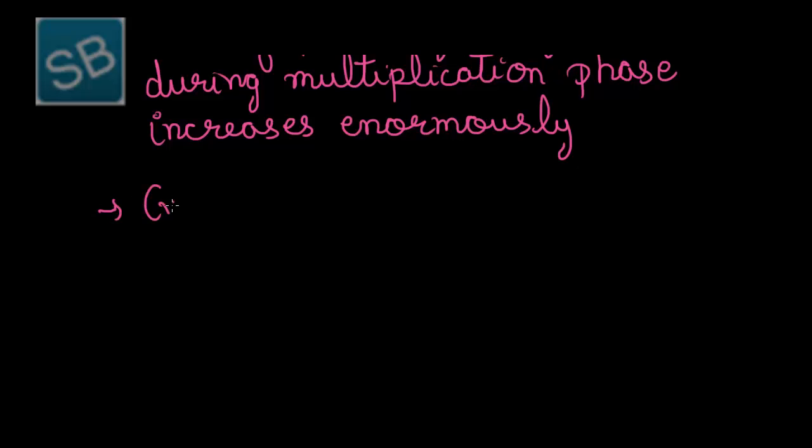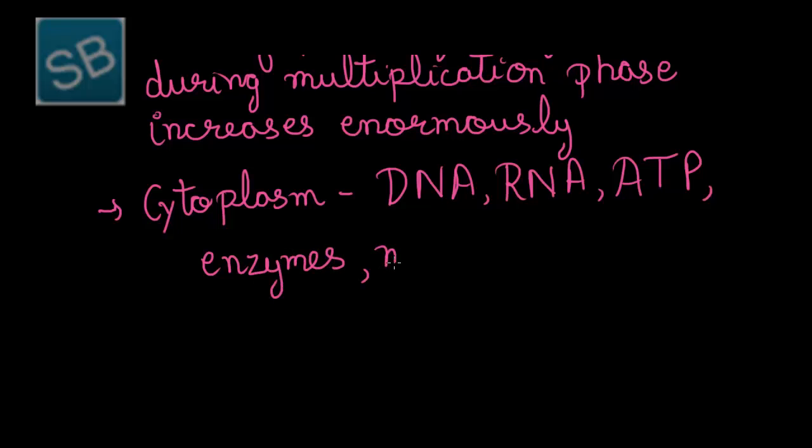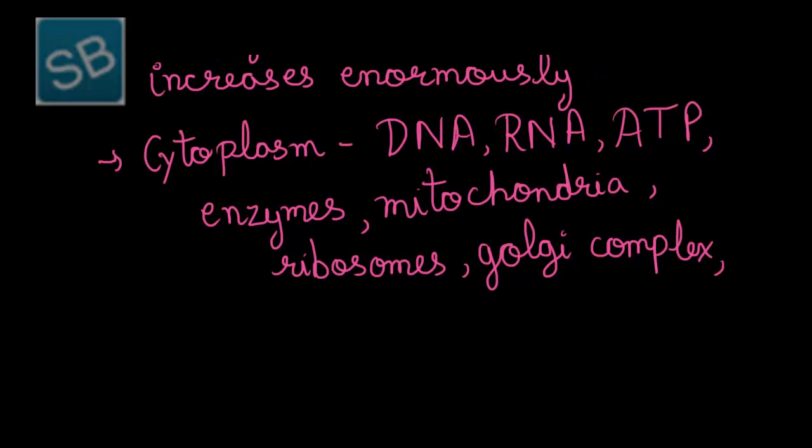The cytoplasm of the primary oocyte gets rich in DNA, RNA, ATP, then enzymes, mitochondria, ribosomes, Golgi complex, and many others whose concentration gradually increases within the cytoplasm of the primary oocyte, due to which the size of the primary oocyte increases.